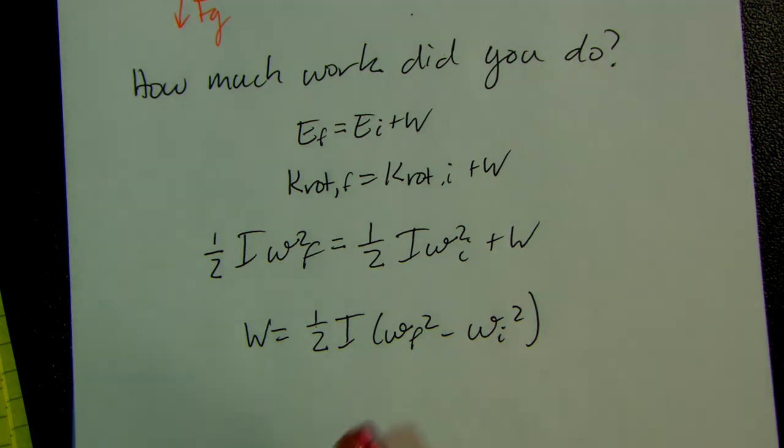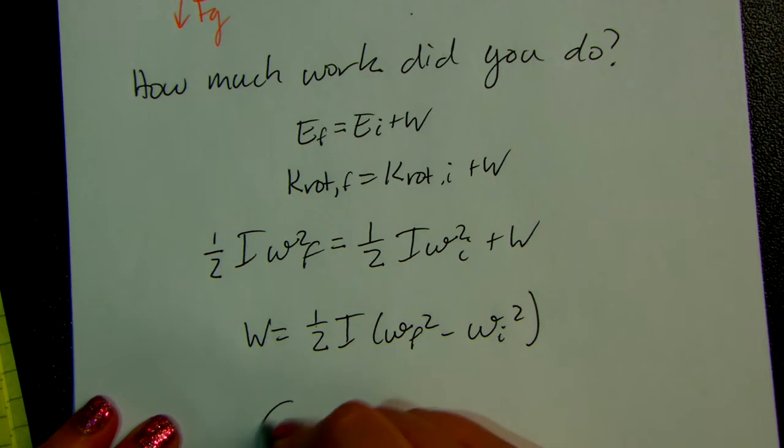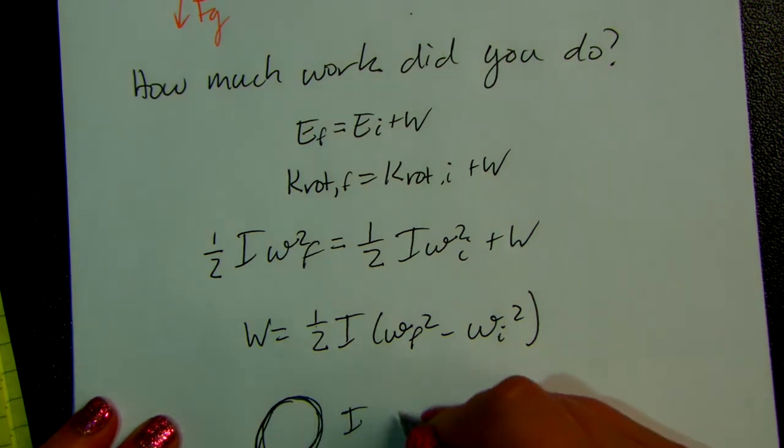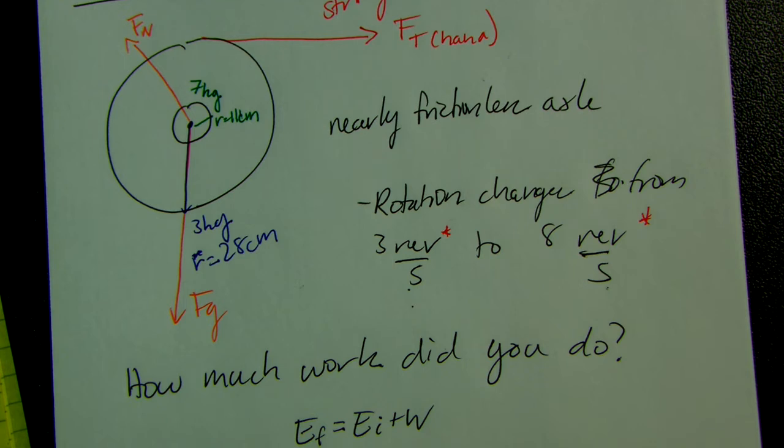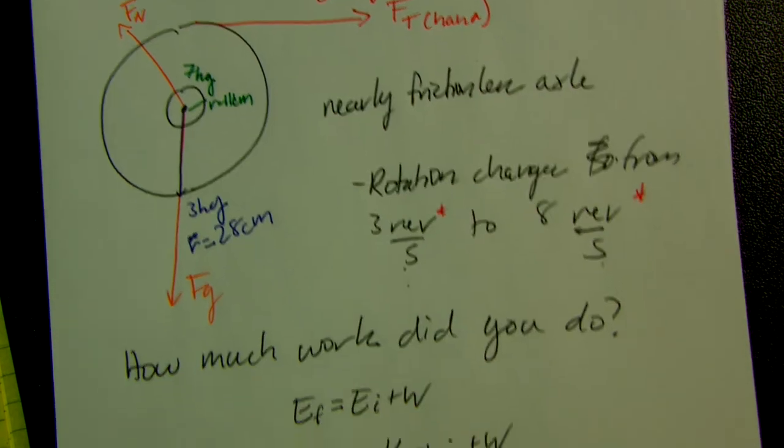We know the generic formulation, but we don't have exactly a traditional wheel. But what we have just derived is I for a ring, and this is essentially a ring situation. Bike wheels are rings.